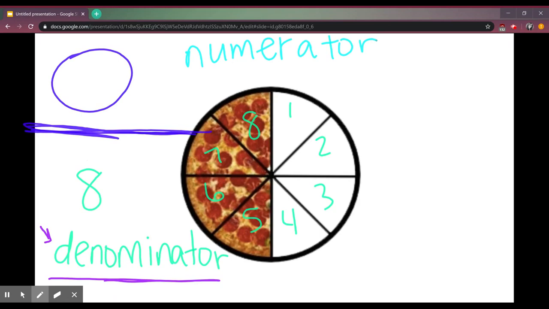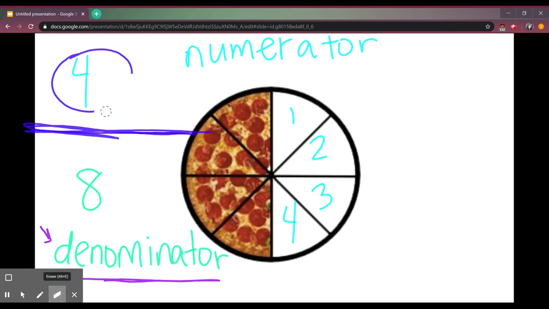But if we talk about how many pieces are missing, what fraction of the pizza has been eaten, we're going to count the numbers that go with the pieces that are missing. So to find our numerator, we'll just go 1, 2, 3, 4. So we have 4 pieces eaten out of 8 total overall.